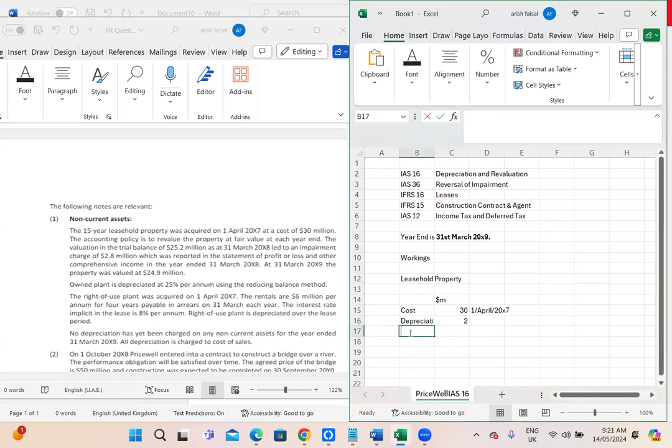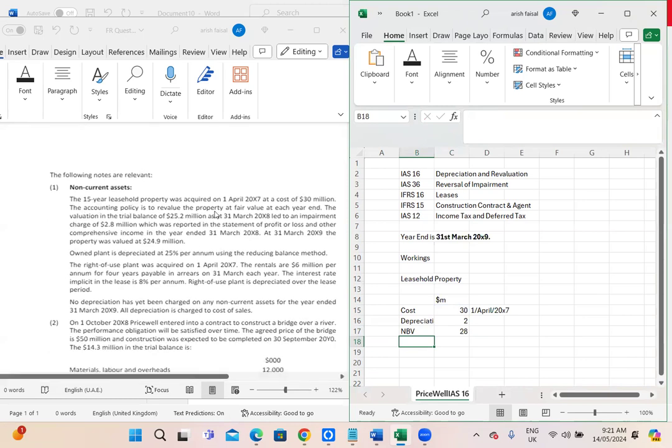So the net book value of this asset by the end of the year will be 28, correct? And they have given you over here that the accounting policy is to revalue the property at fair value at each year end.